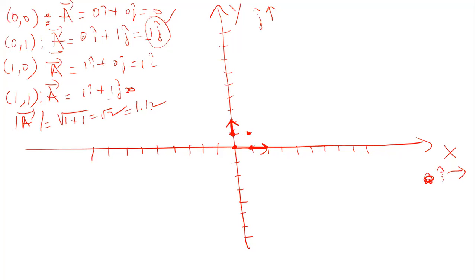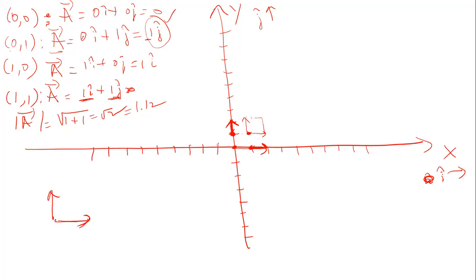Out here, the vector 1i is something like this and the vector 1j is something like this. If you consider the addition of these two vectors, 1i and 1j, according to the rectangular law of vector addition, for example, you have one vector here and another vector here.